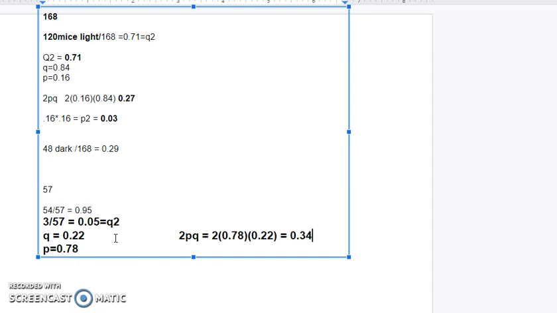Now for our p squared, which represents our homozygous dominant, we would take 0.78 times 0.78, and we find that about 61% of the population is homozygous dominant. And if you add up these numbers, they should equal about 1. And they do.